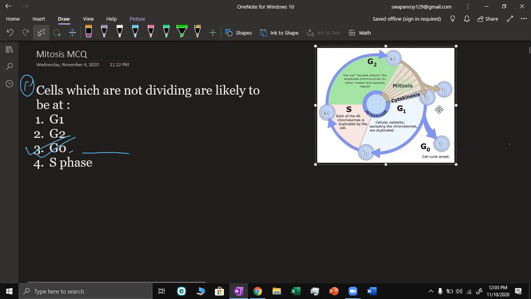If they are not dividing any further, they will come out from the G1 and from the cell cycle, and they are in the G0 stage. These are actually the mature cells.